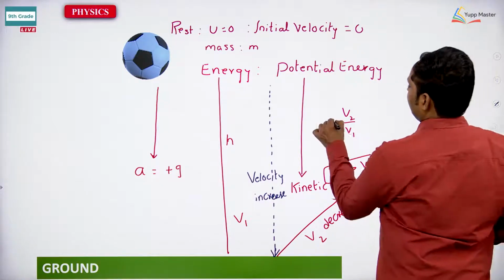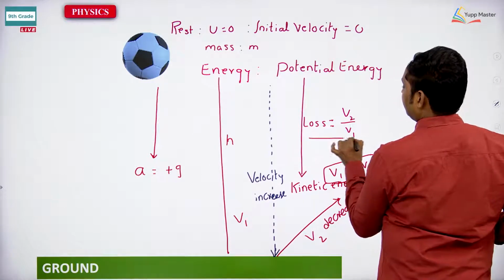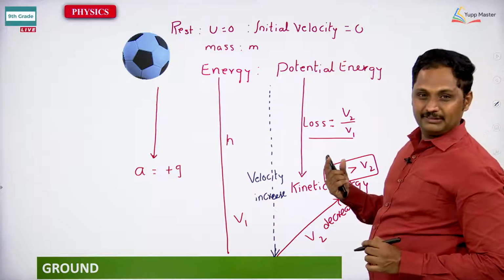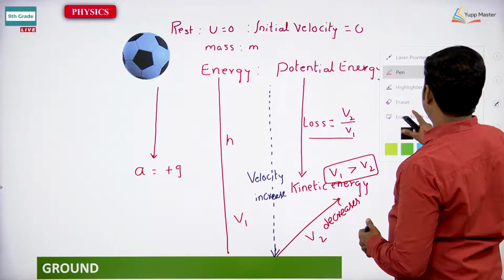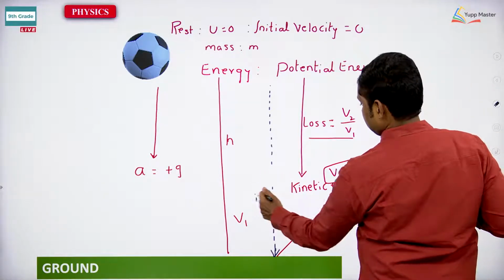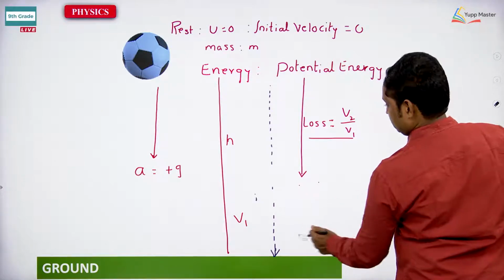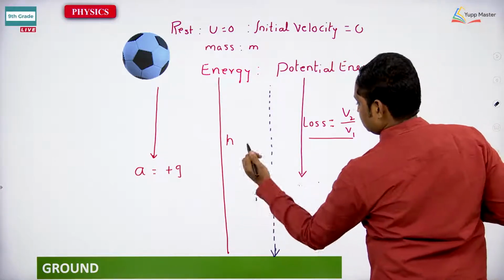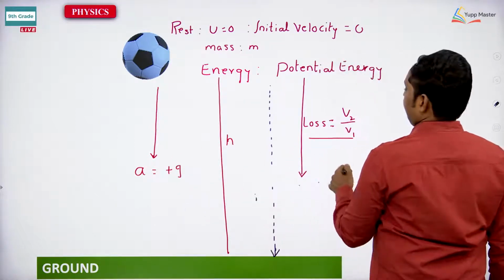You have to get the loss in speed by the factor V2 by V1. So, one equation is there, you can take that. Just I will erase some part.